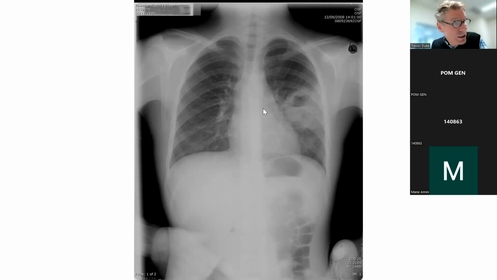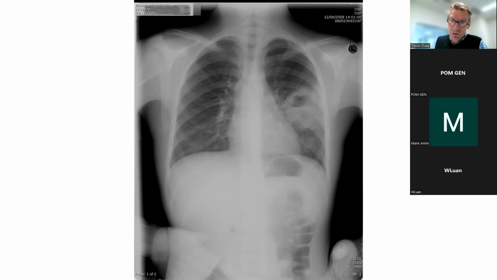And when you're thinking about Staph aureus, Benji, what else should you think about? MRSA. Yeah, good. Most Staph aureus are susceptible to flucloxacillin, but when you see this X-ray appearance, you should think to yourself, well, it could be a lung abscess.